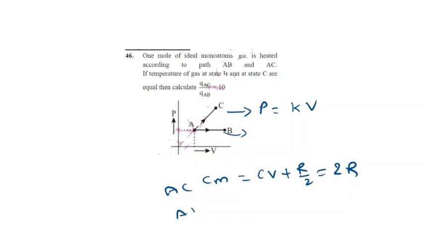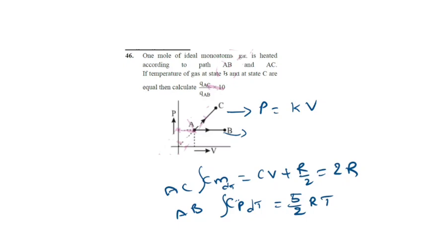And for process AB, it is nothing but 5 by 2 R, where we get the Cp. The integral of Cp within the range dT and the integral of Cm within the range dT, you will get 2R here, and here you will get 5 by 2 R.